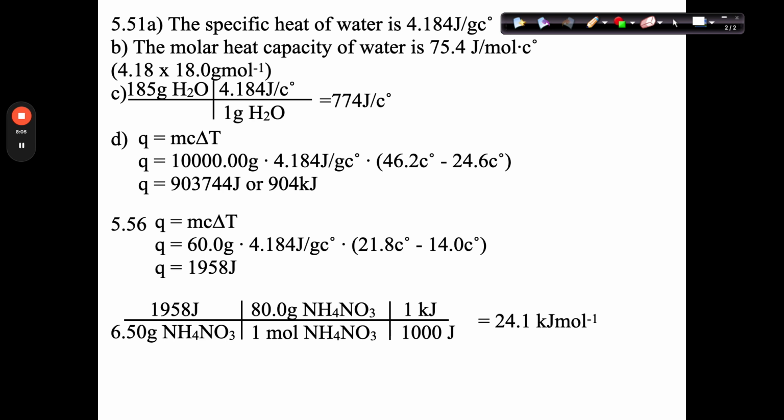But then when we come up with our enthalpy change, guys, this amount of energy was released when 6.5 grams of ammonium nitrate dissolved. We need to know the enthalpy change though in kilojoules per mole. And so to do that, we convert to moles and we convert to kilojoules. And this satisfies the second part of the question.